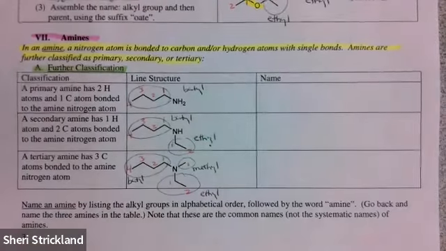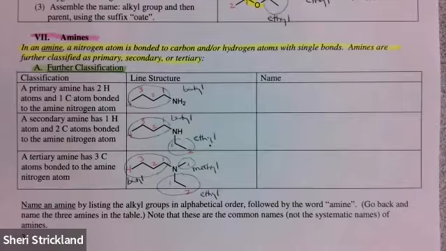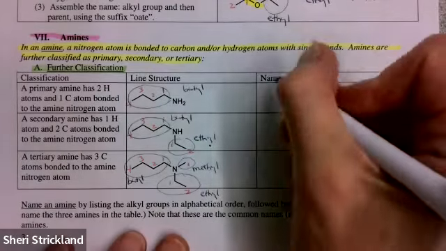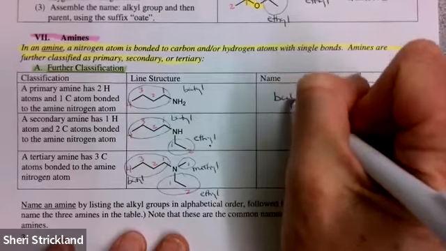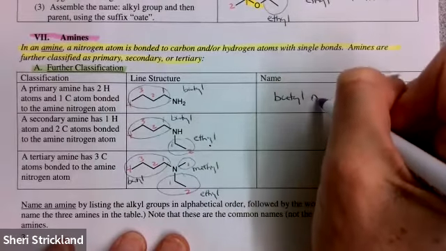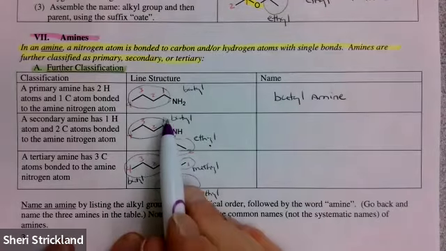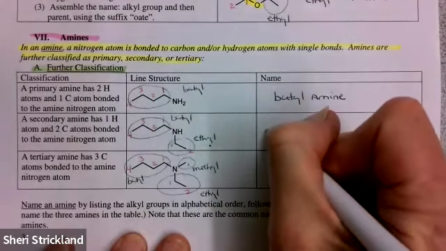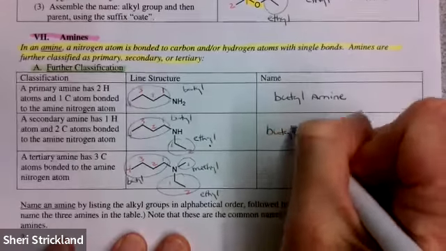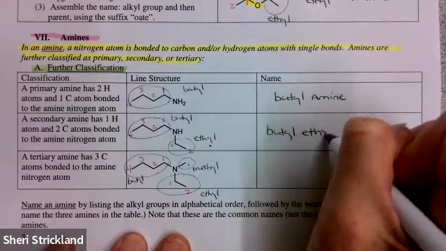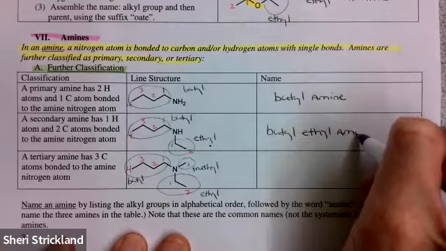All right, so pause the video and write the name of the first one, and then come on back. Welcome back. So if you've got a primary amine, it's just butyl and then a space amine. If you've got two, the B of butyl comes before the E of ethyl, so this is butyl ethyl amine, 3 words.